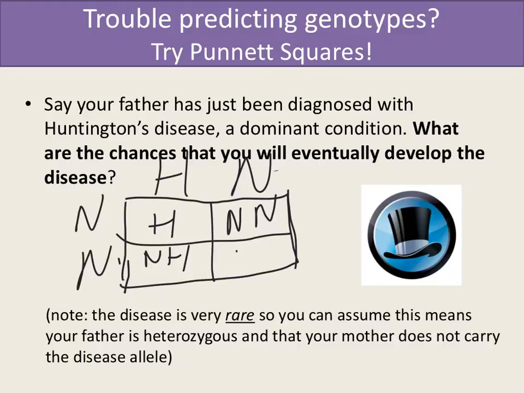And then here, NN. So essentially, the probability is 50%. If your dad or your mom has Huntington's disease, there's a 50% chance that each offspring will have the disease. They may not show the disease until later in life, but that's their chances.